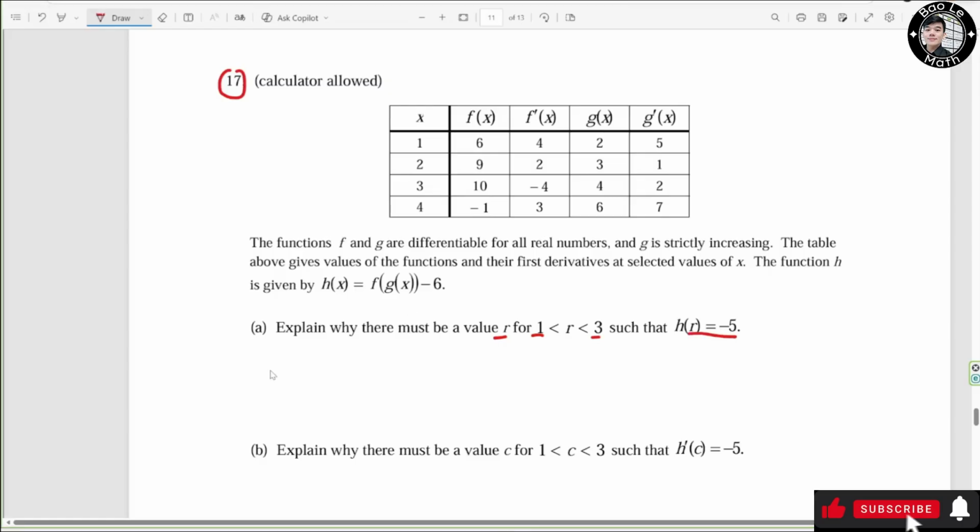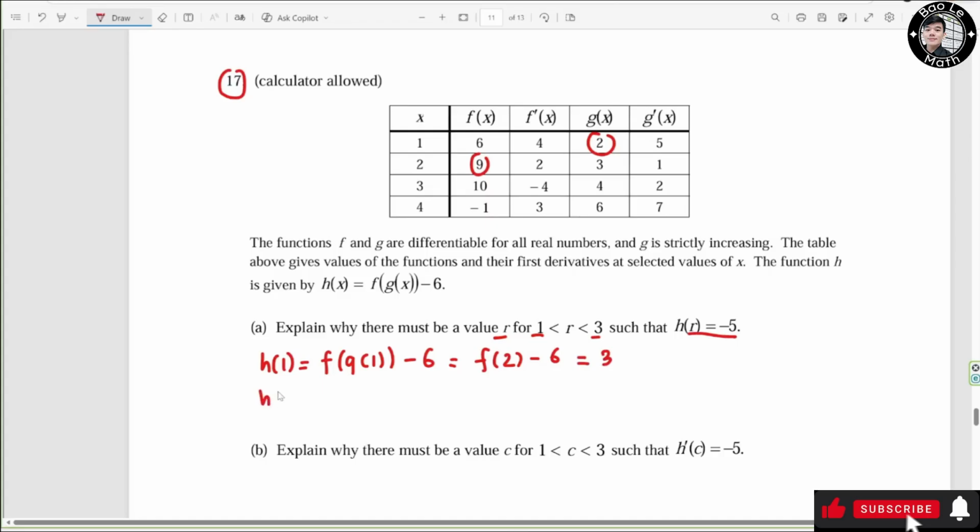So first we need to calculate h of 1, which equals f of g of 1 minus 6, right? g of 1 is 2 right here. So f of 2 minus 6, and f of 2 is 9 right here. 9 minus 6 equals 3, right?